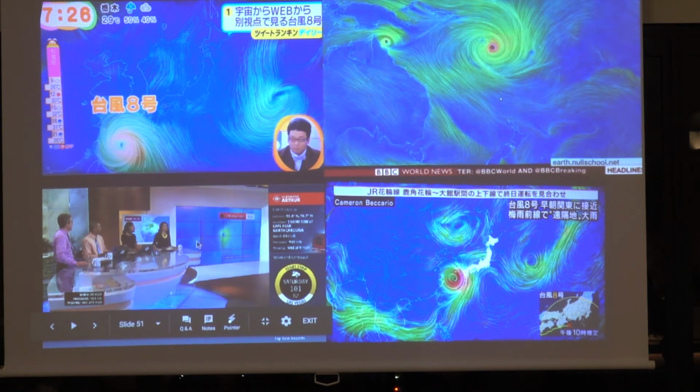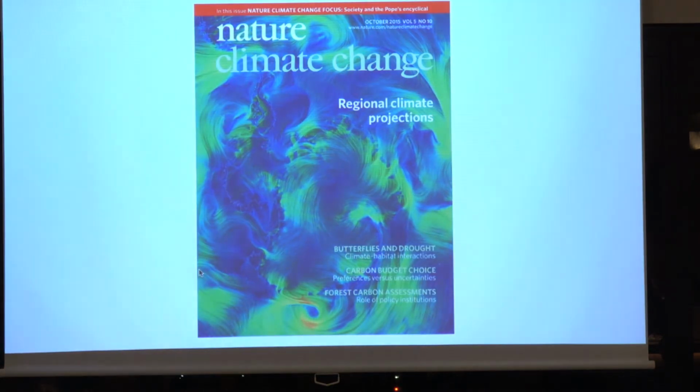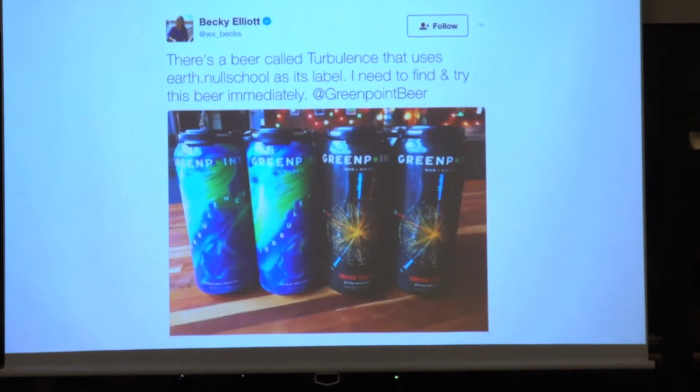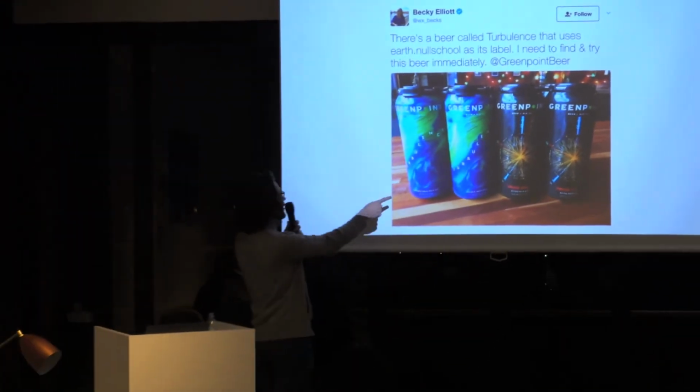And this is the US Weather Channel. Also used this artwork on some publications, some journals, Nature, Climate Change. Someone made a beer. Didn't tell me about that. I really wanted that beer.